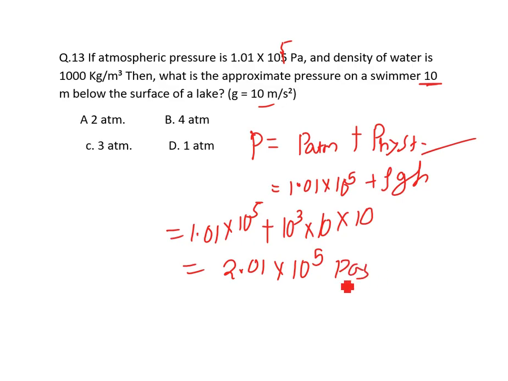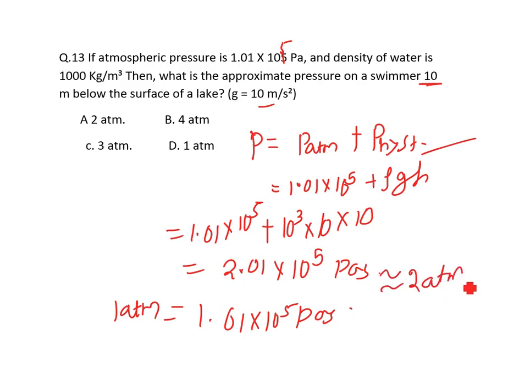The answer is in Pascal. And if you know 1 atm pressure is equal to 1.01 into 10 to the power 5 Pascal, this much Pascal is nearly equal to 2 atm pressure.